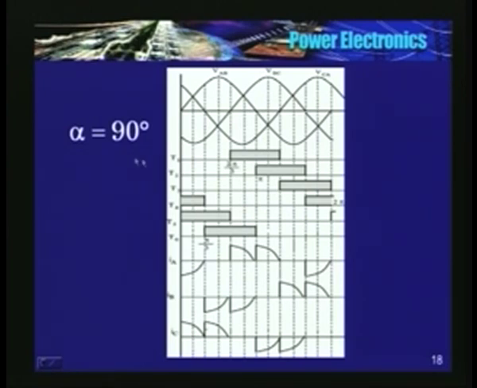The reference point for alpha is this point, which is 30 degrees from VAB, pi by 6. So this is the reference point. From here, 90 degrees, you will trigger T1. If this is 30, 60, 90, at this point T1 is triggered.